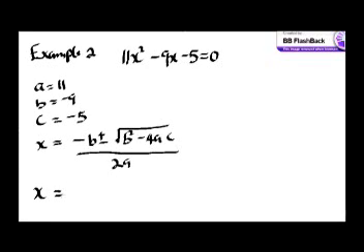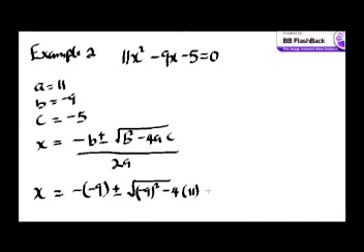Now that becomes x is equal to minus bracket minus 9 plus or minus square root of minus 9 all squared minus 4 bracket 11 bracket c, which is minus 5, okay, everything divided by 2 bracket 11, that's 2a. Take note, this is covering everything here.